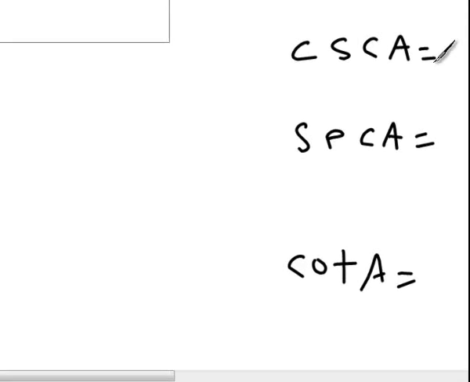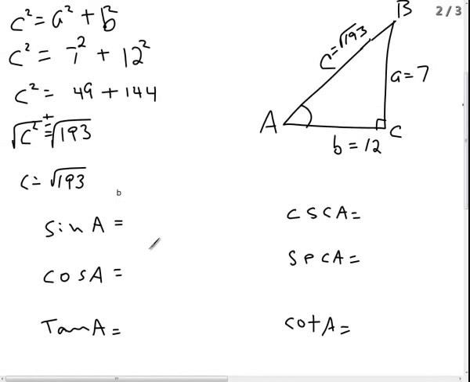Dylan, what would you get for sine A? Okay, 7, because it's opposite over hypotenuse, right? 7 square root 193 over 193. All right, good. And so cosecant would be what?